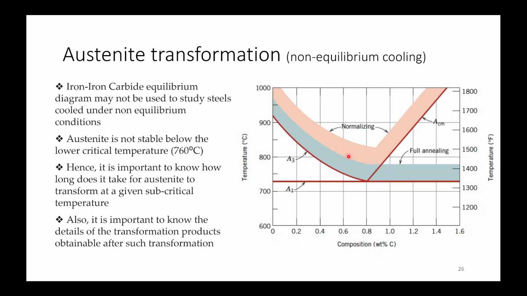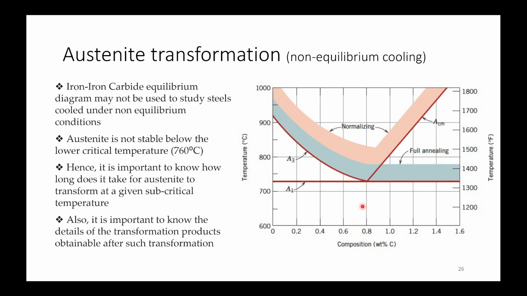There can be a higher concentration of carbon accommodated into pearlite. So you can have a fully pearlitic structure but with a higher percentage of carbon, more than 0.8%, because you are cooling non-equilibrium. So we cannot compare it with the iron carbide diagram, because it is an equilibrium diagram.